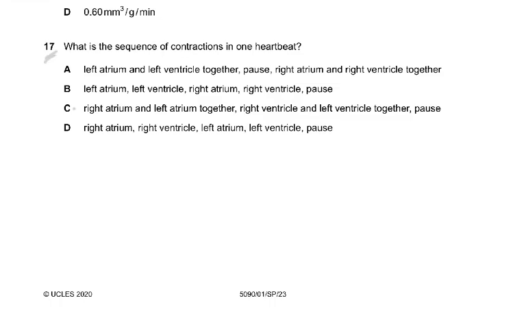Now coming to question number 17. What is the sequence of contractions in one heartbeat? The options are various combinations of left atrium, left ventricle, right atrium, right ventricle, and a pause. Please remember the heart contracts as a whole.